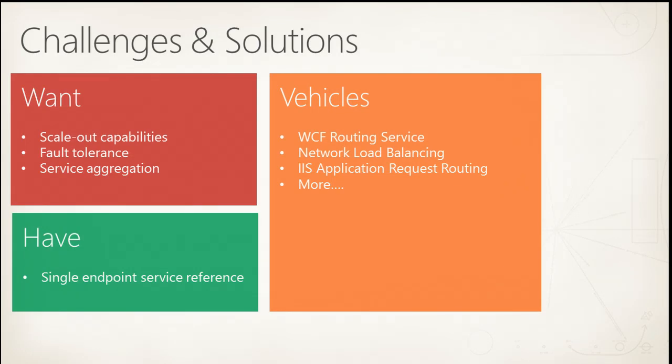What we actually have is a configuration that lets you set a single endpoint service reference. And there are mainly three problems we have to deal with. Firstly, it's a big bottleneck, and I'll give you a concrete example. If you have a large enterprise search topology, you'll have 6 content processing components across 6 hosts.